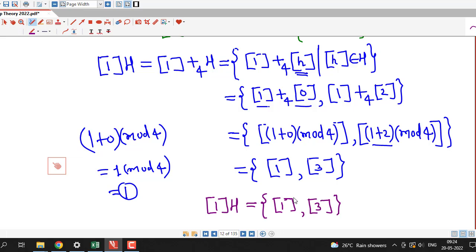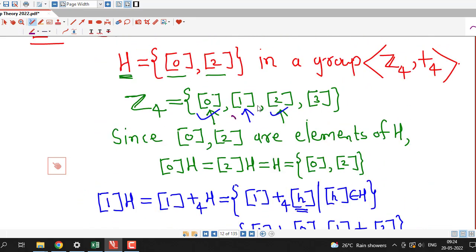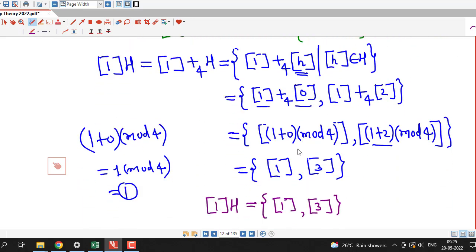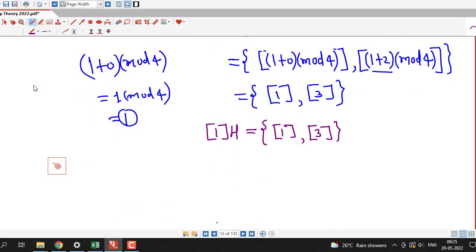And the last one we have to obtain is the left coset corresponding to the equivalence class 3, but that we will not calculate using this definition. We will use that property. We know that if a1 is an element of a2H, then the left cosets corresponding to a1 and a2 are equal.